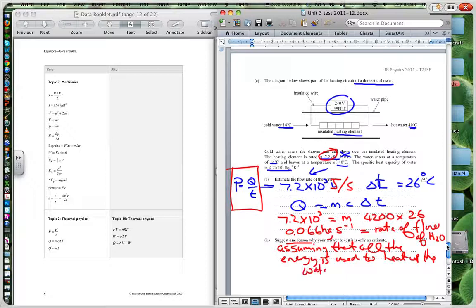But we know there would probably also be heating of the environment, the pipes and the air around the pipes and so forth. So that would be the one major obvious one. The flow of water also could change, which doesn't need to always be constant. So that could also be something else. Okay, thank you.